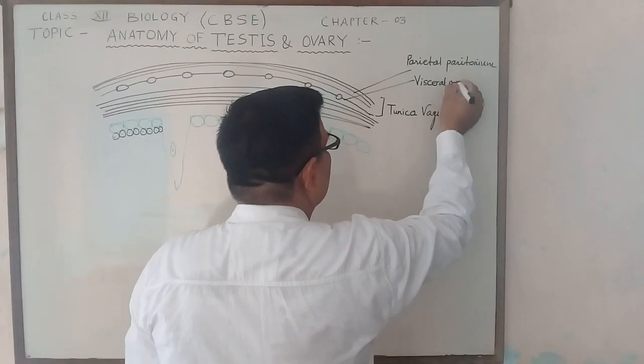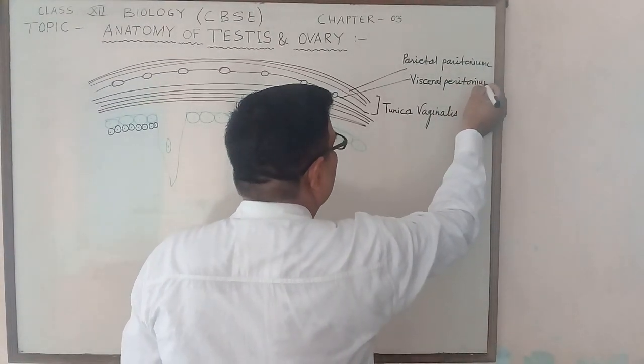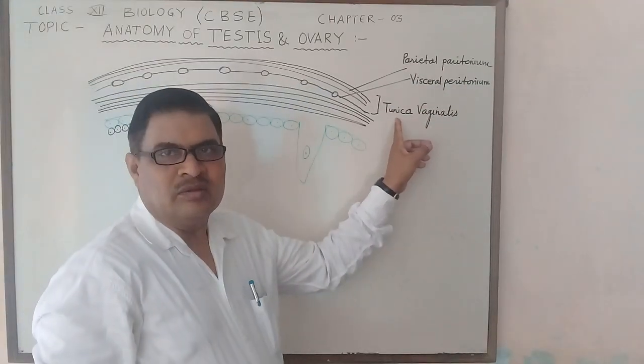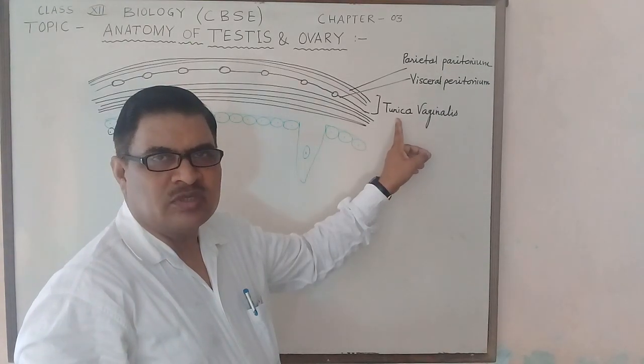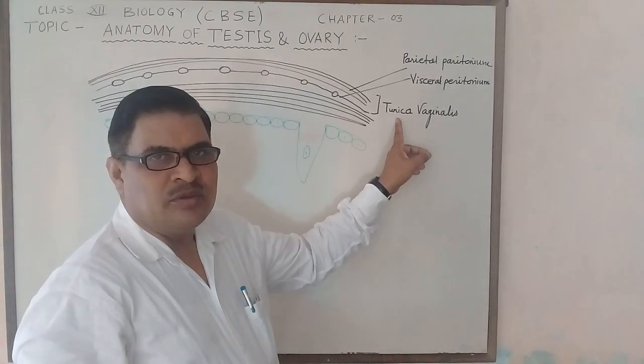Visceral peritoneum and parietal peritoneum make the tunica vaginalis, the outermost cover of the testis.